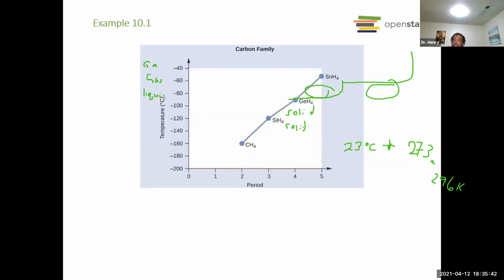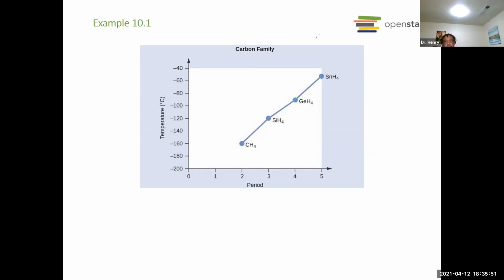Okay, so here we have group 14 compounds. We have methane, tetrahydrogen silicide, tetrahydrogen germide, and then tetrahydrogen tin.